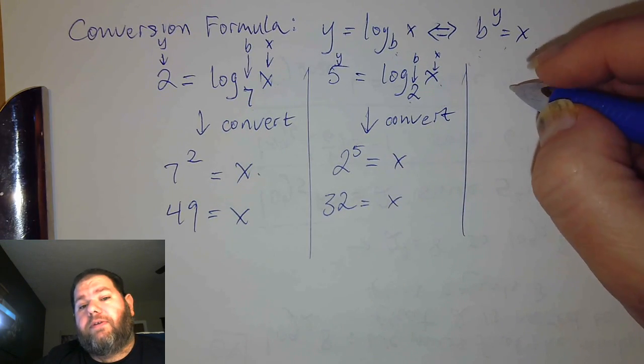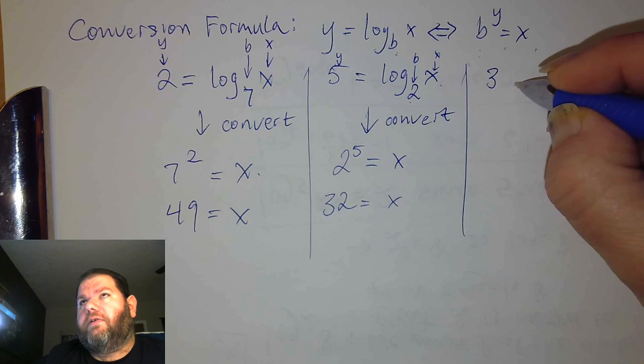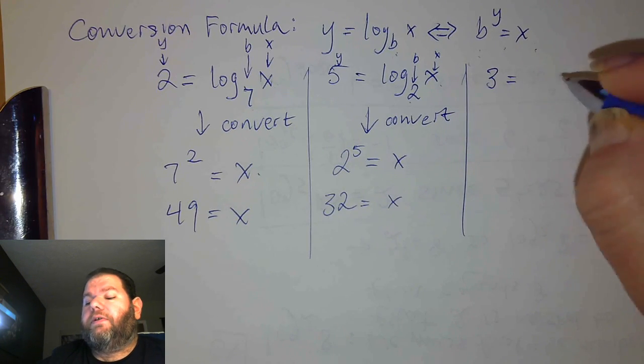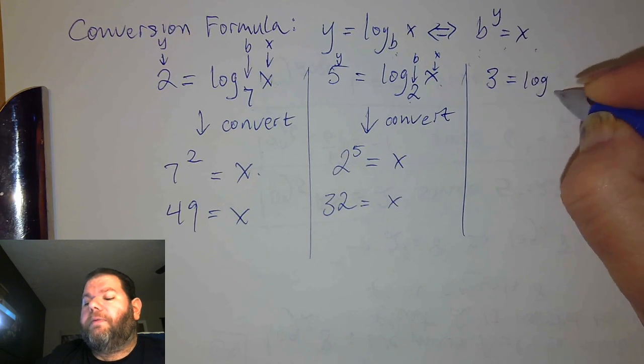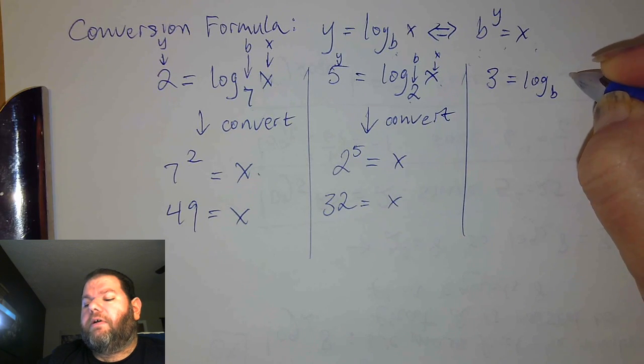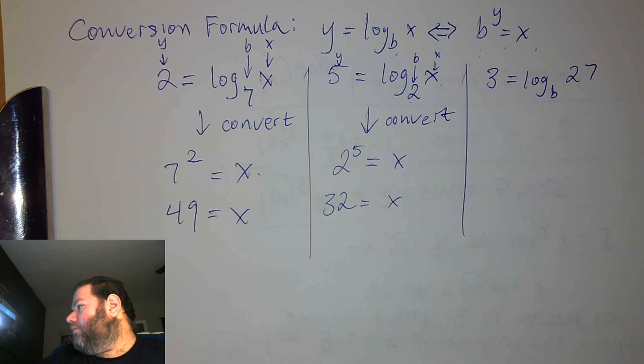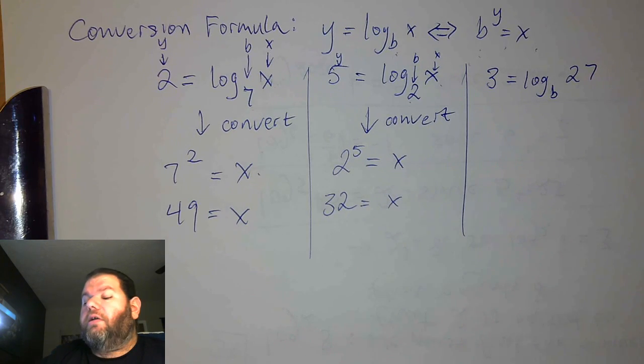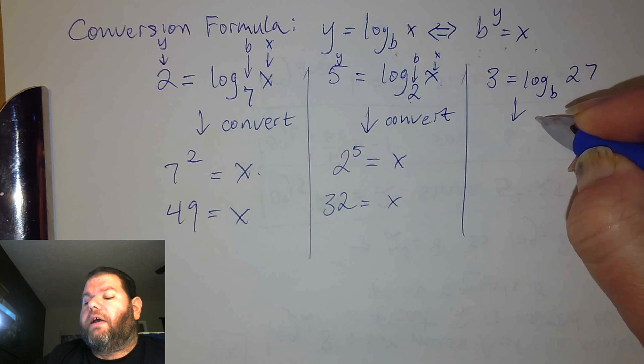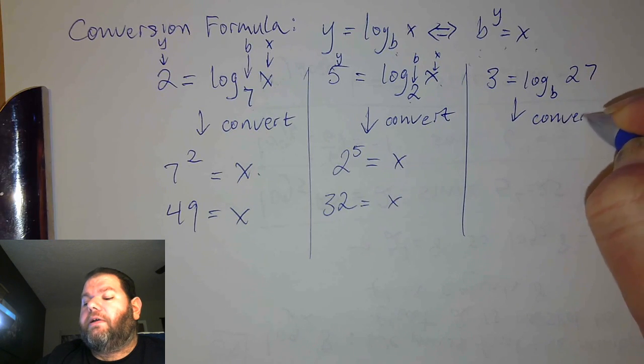Now we could also say, let's try 3 equals log base b of 27. If we convert that, what would that look like?